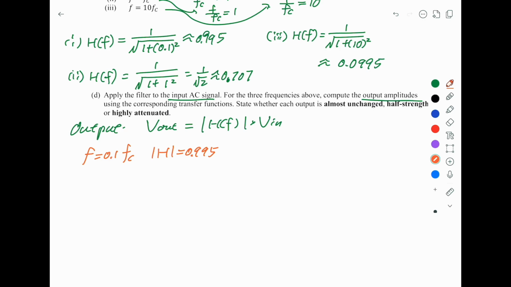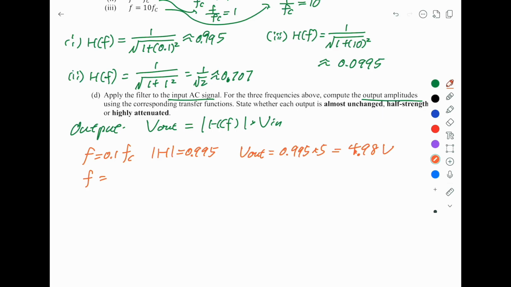About 99.5% of the amplitude will be transferred. So Vout is 0.995 times 5, which is 4.98 volts. So it means you will get 4.98 volts at this frequency.